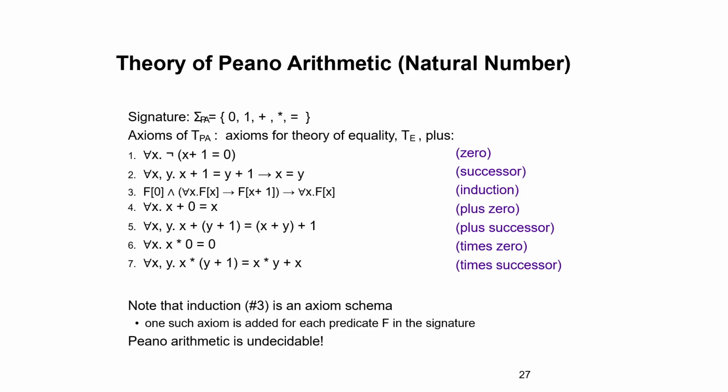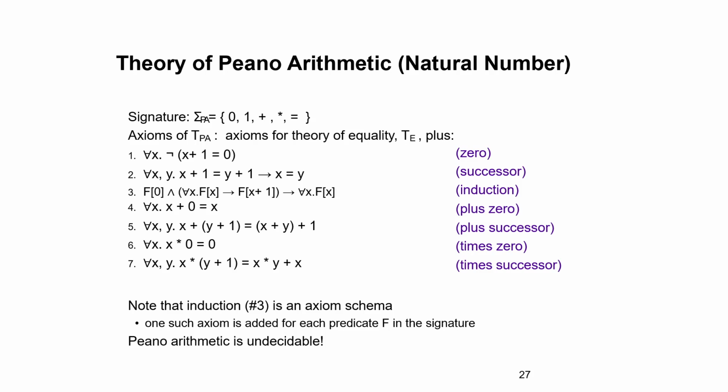So we have a definition of 0. For all x, x plus 1 equals 0 is not possible. This basically means that you cannot get to 0 by using addition in this theory.